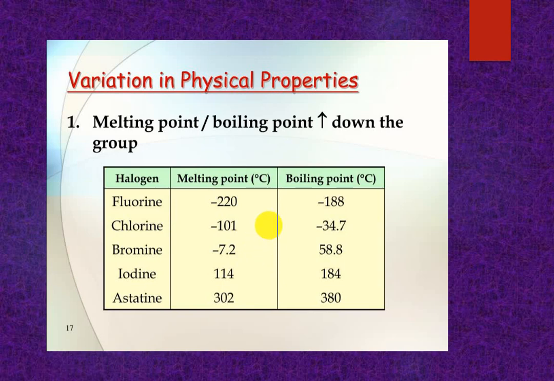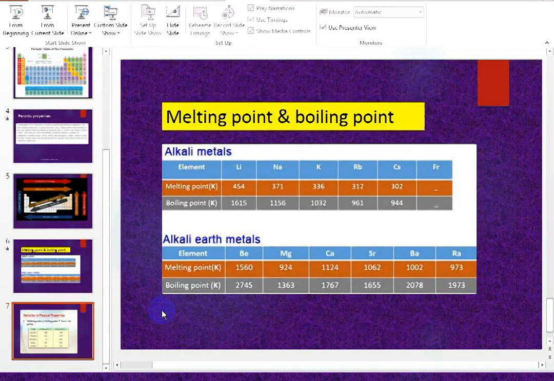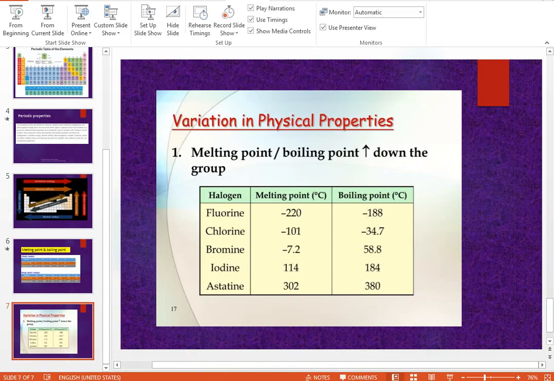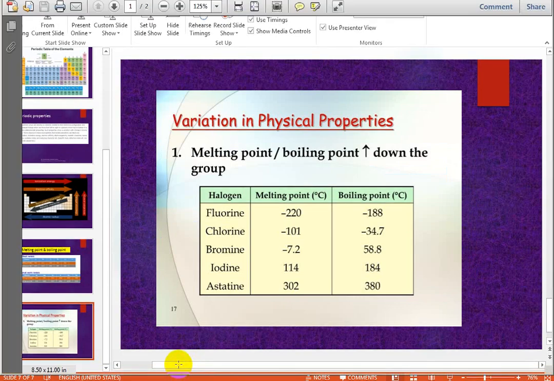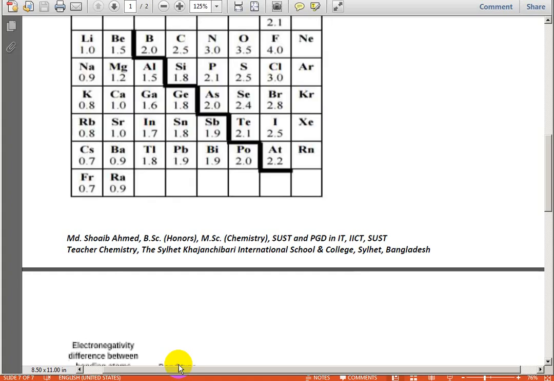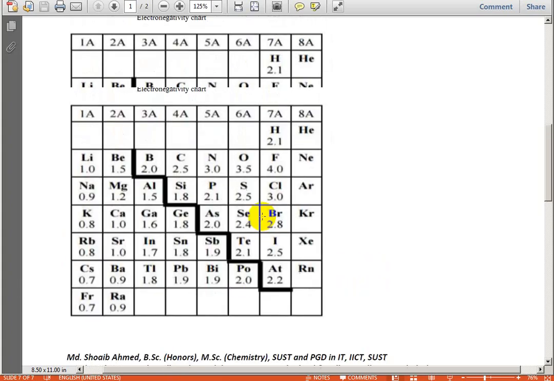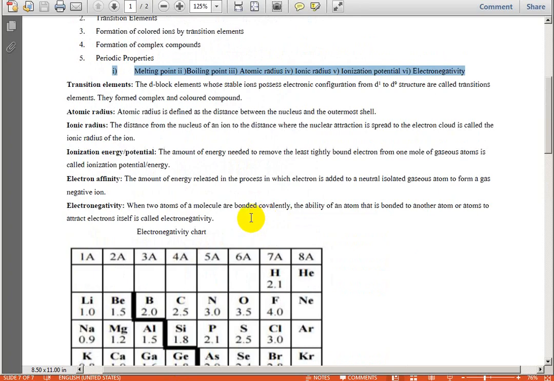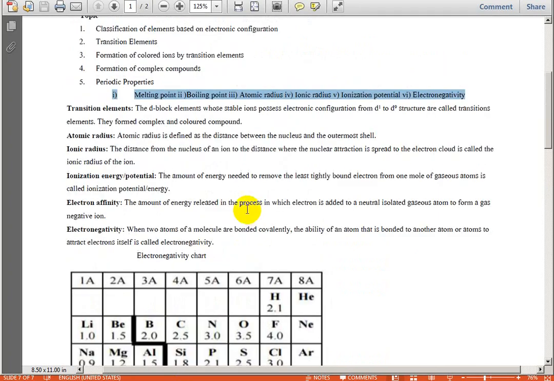Now atomic size: what will be the atomic size trend of the elements? What is atomic size?